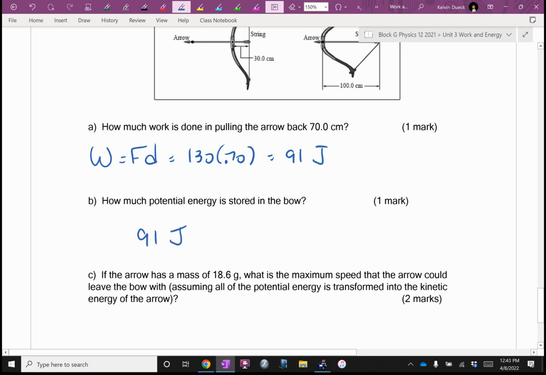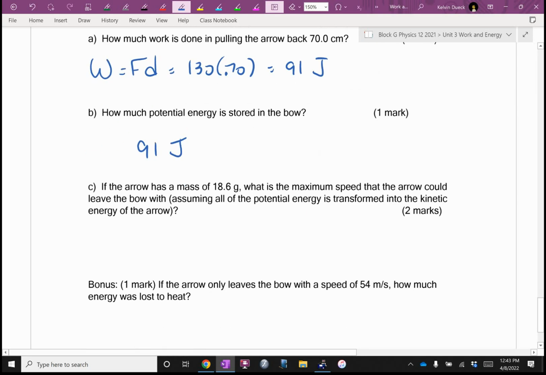There are other types of potential energy besides just gravitational potential energy. If the arrow has a mass of 0.0186 kilograms, nice try, Duick. What's the maximum speed? I'm going to argue that that 91 joules gets turned into a half mv squared, turns into kinetic.